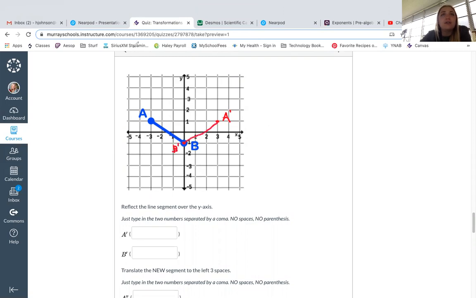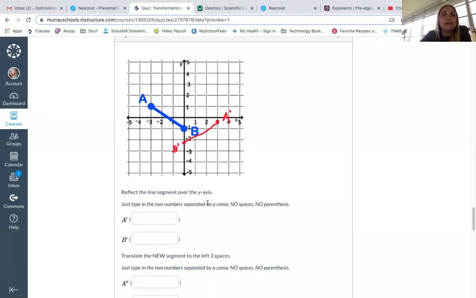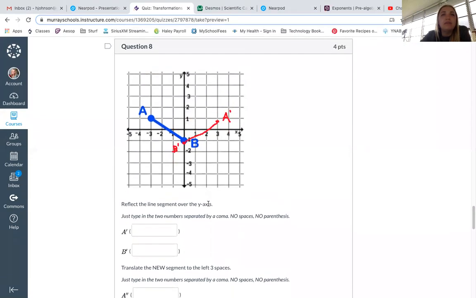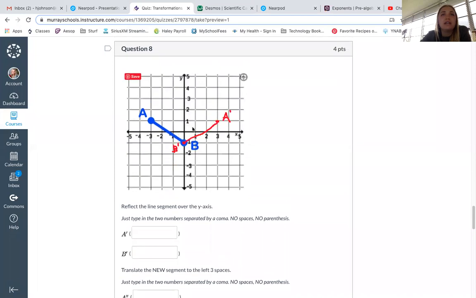Okay, so when I write those coordinates in, A prime is at the coordinate to the right 3, up 1. So I'm going to say 3, 1. B prime is to the right 0, down 1. So 0, -1.